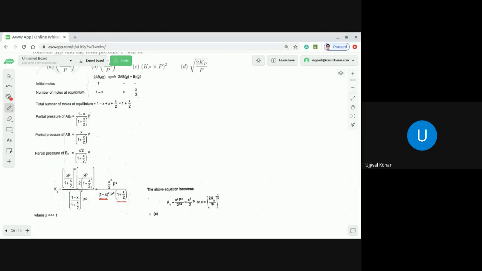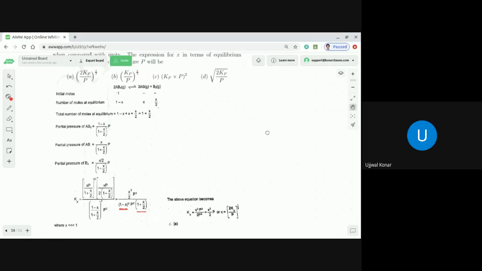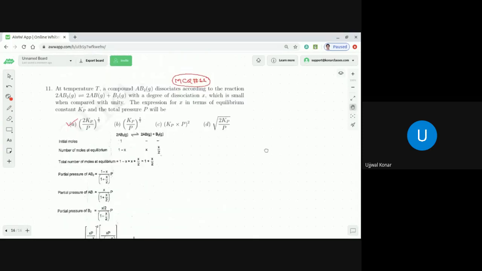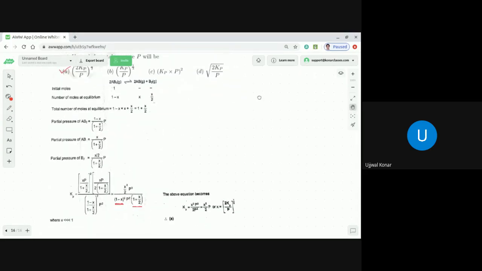So finally we get x cube P cube by 2P square, that is x square by P, and from there we find the value of Kp, and then from there we can find the value of x. Dear Tejas, did you get my point? Yes, sir. Right. Okay, great. Now let me go to the next question, question number 12.